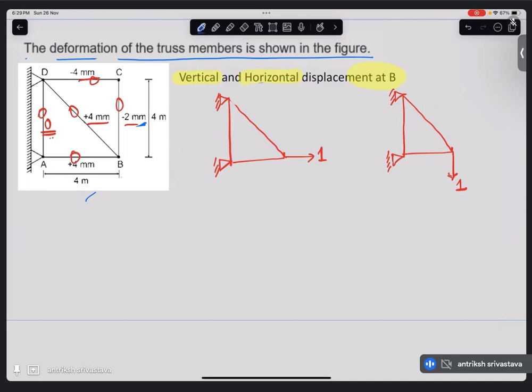Okay, so there will be some vertical and horizontal reactions. I'm going to just name them V1, H1, V2, H2. Similarly here also. Now here V1 plus V2 is equal to 0.